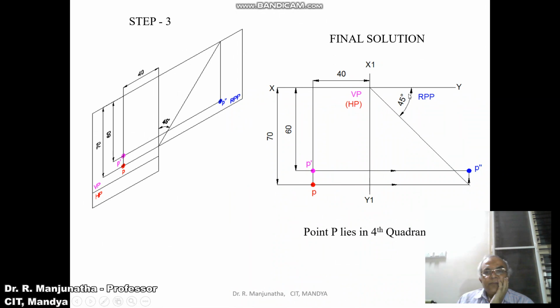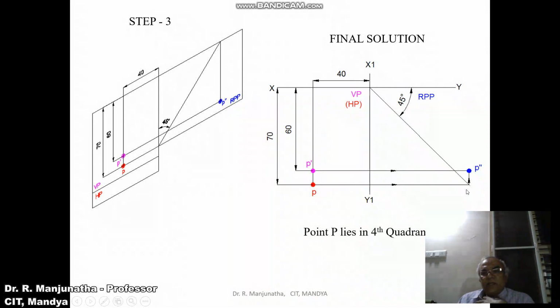Then you draw a horizontal projector from P dash to the profile view, and then draw a horizontal projector from P also to the profile view. Since we need to project the top view point onto the profile view, first we are going to draw a 45 degree line with respect to the XY line using the protractor.